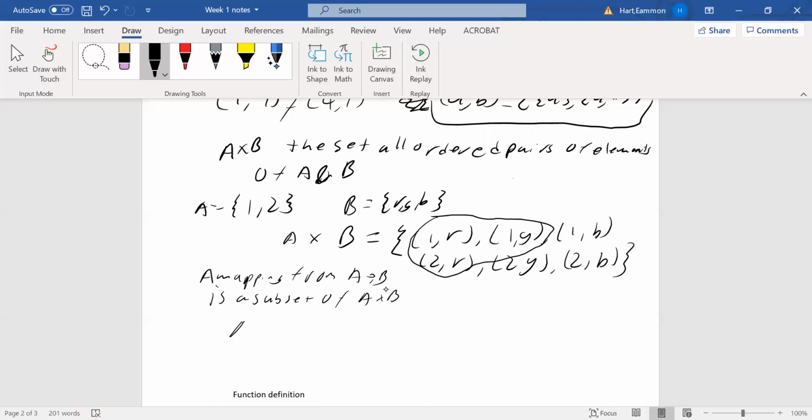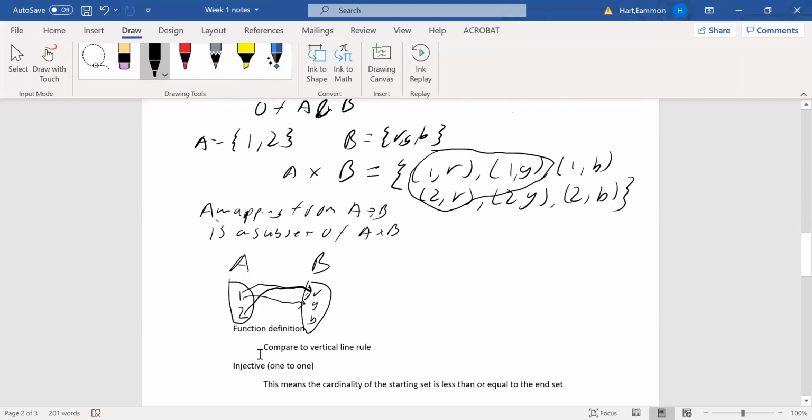So 1 maps to R, but also maps to G, and then 2 maps to R. So this guy right here is a mapping, but it's not a function.